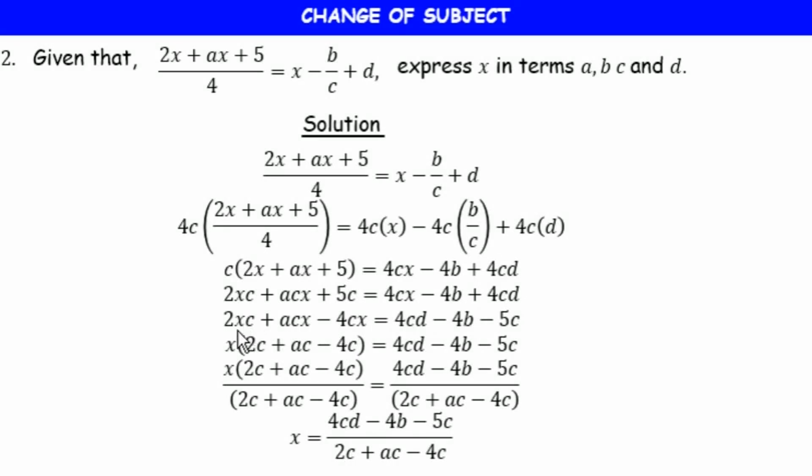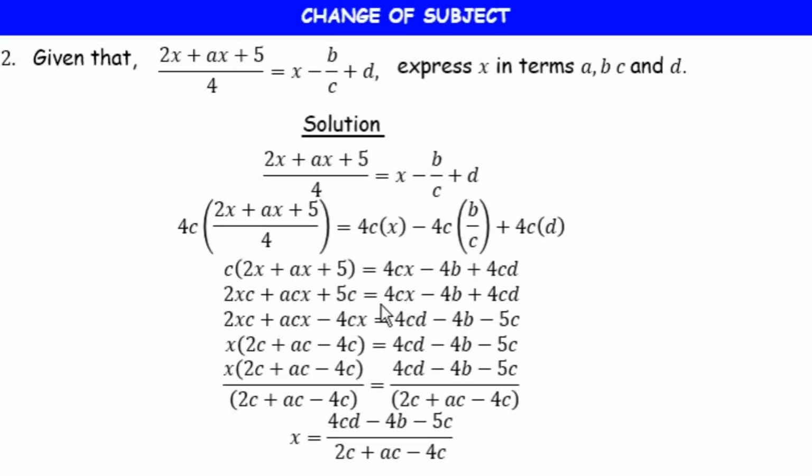So the next thing is, we are supposed to group all expressions containing the x variable at one side, right? So we have 2xc, we have acx. Now we don't need this 5c because it has got nothing to do with x, so we just transpose it to the right side of the equation, right? And then there's x here, so 4cx.